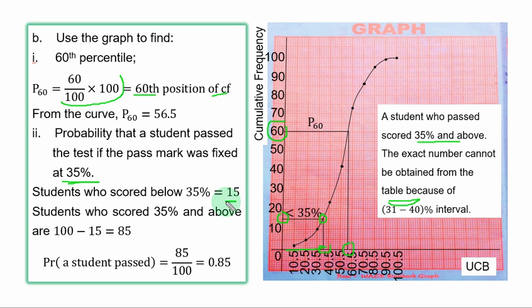So those that scored 35% and above is simply 100 minus 15, and that is 85. So the required probability is 85 over total students 100, and that is 0.85.